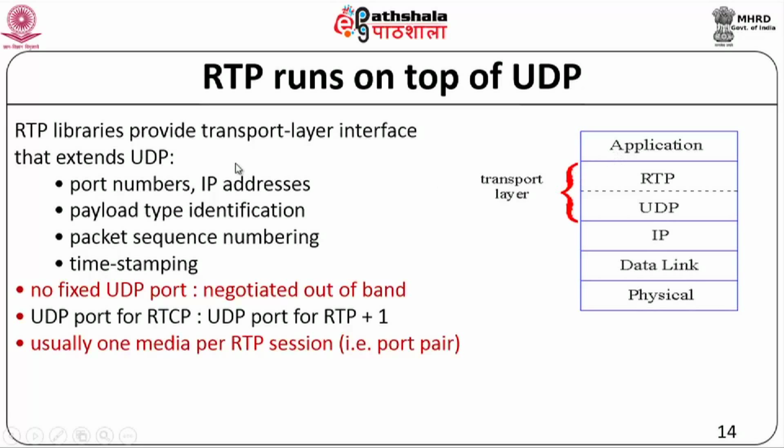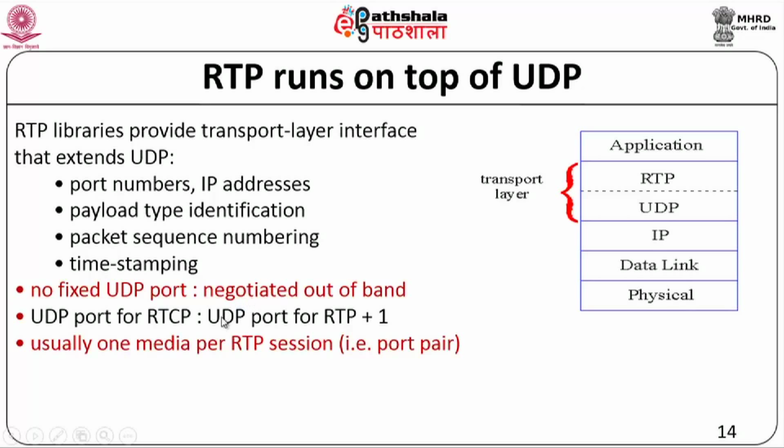So, this combination of RTP plus UDP together will provide you port numbers and IP addresses using which you can uniquely identify the application. It gives you payload type identification, packet sequence numbering, and time stamping. Okay. All these become possible with the help of this combination. Now, there is no fixed UDP port that is used for RTP, it is normally negotiated out of band.